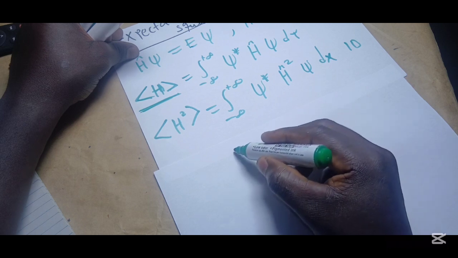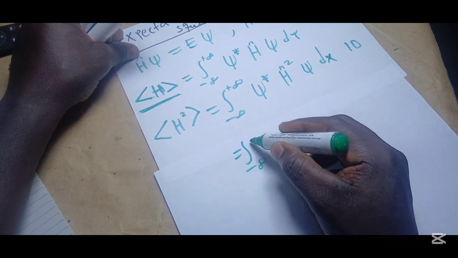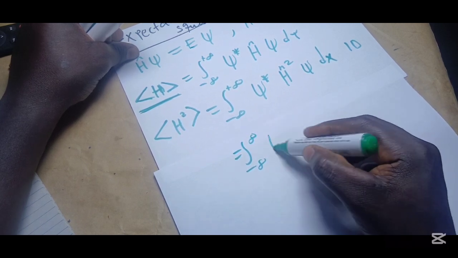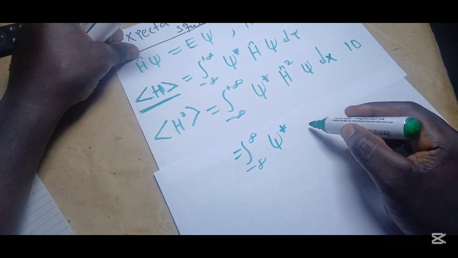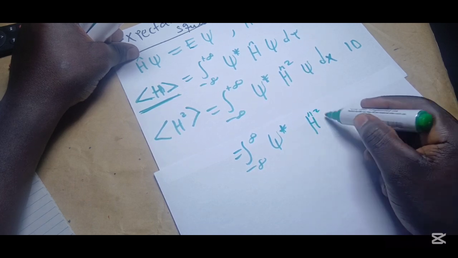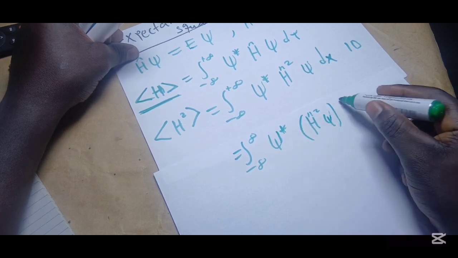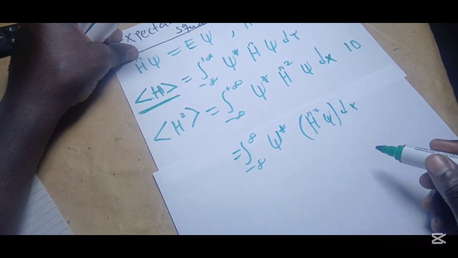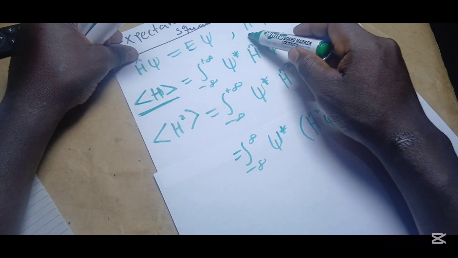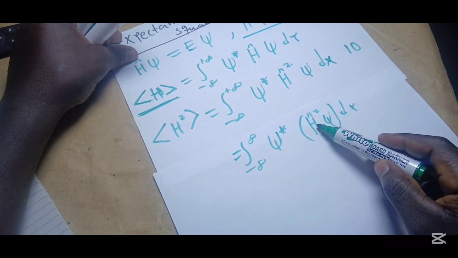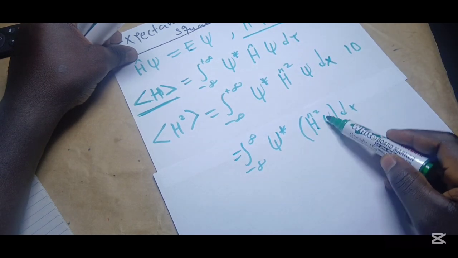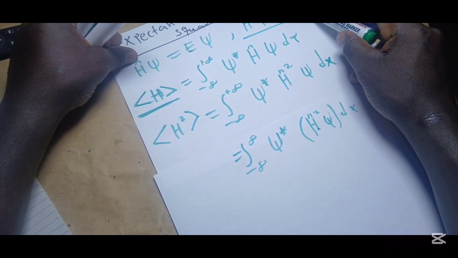So let's proceed. This equals the integral from negative infinity to positive infinity, psi star H hat square psi. Let's put this term into brackets, the x. And from the general Schrodinger equation, H hat square psi is the same as E square psi.